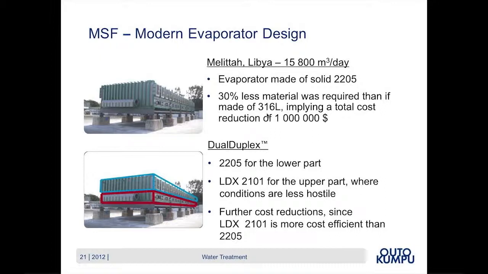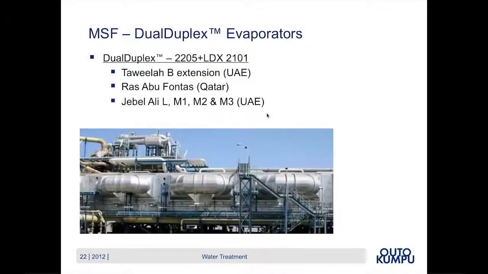So that overall even greater cost savings can be achieved, way beyond the switch from austenitic. This innovation of using a dual duplex 2205 and LDX 2101 evaporator is now the solution of choice, and we can see many successful examples of its employment in key installations around the world, as you can see here.